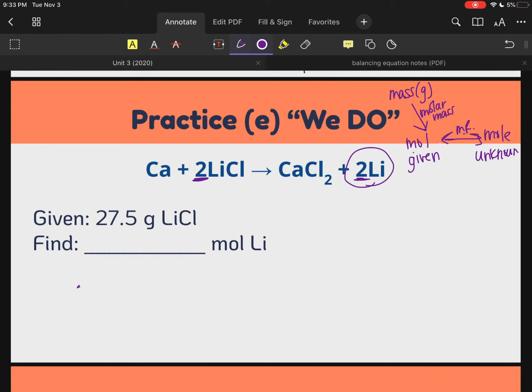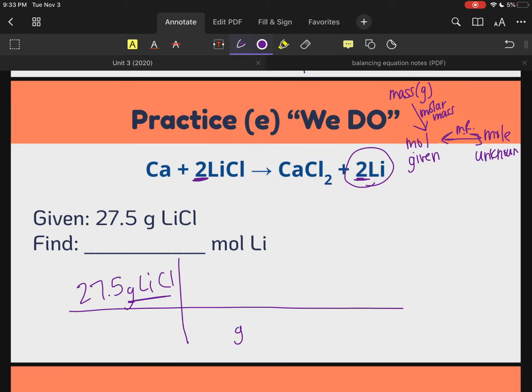Okay, because we're doing lithium chloride to lithium, I always start with what I'm given. Because I have grams of lithium chloride up top, I'm going to have grams on the bottom. And remember, my molar mass is always equal to 1 mole. That's the definition, the mass of 1 mole. So how am I going to find that? Well, lithium is 6.94.